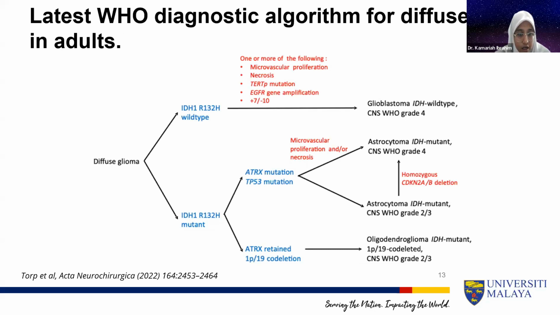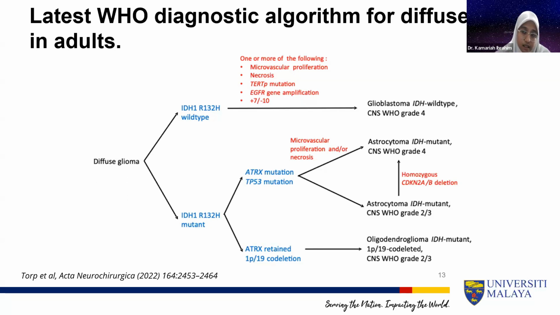And currently, in 2021, the WHO diagnostic algorithm for diffuse gliomas in adults has been suggested to be modified, where you can see that all the diffuse gliomas will need to be classified into whether the samples or the tissues have IDH1 mutation or not.